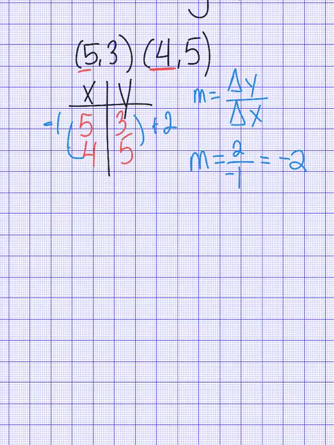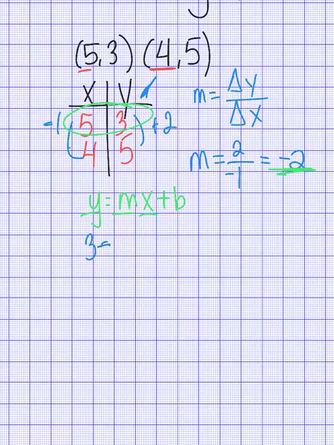Let's find the y-intercept. So again, use the equation because it's a little bit easier. y equals mx plus b. Instead of m, we could plug in this -2. And then instead of y and x, we could pick an x coordinate. It doesn't matter which one you pick. Let's say we pick 5, 3, and we're going to plug in all of this information. So instead of y, I'm going to use this y coordinate of 3. So I'm going to have 3 equals.